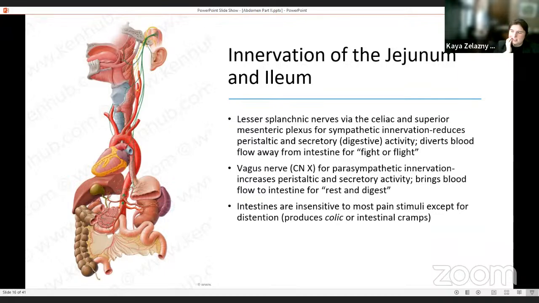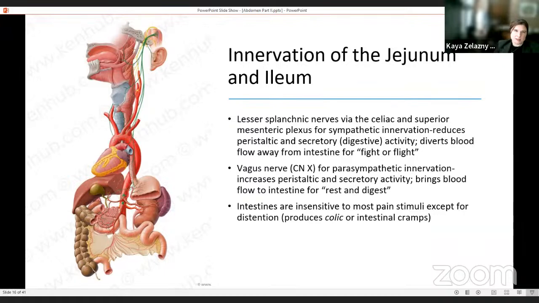Now, remember, the intestines are pretty insensitive to pain, right? We were talking about the difference between the ability of the visceral peritoneum and the parietal peritoneum to sense a lot of things, right? And we said that our parietal peritoneum can localize pain pretty decently, has the ability to sense pain, the ability to sense temperature, so on and so forth.